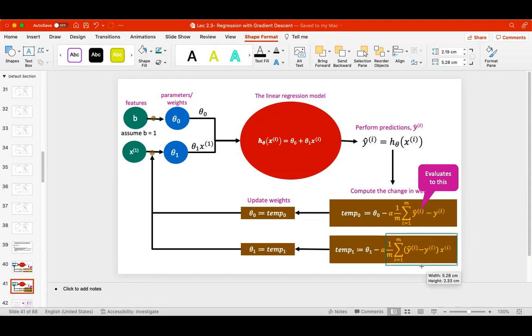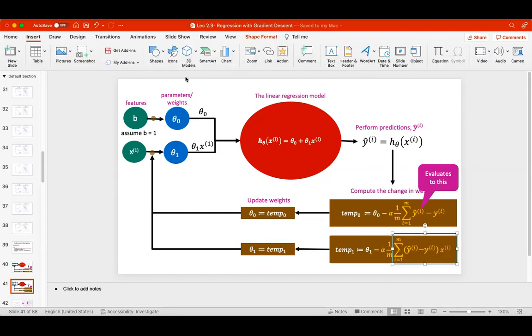This will be equivalent to the error transpose.